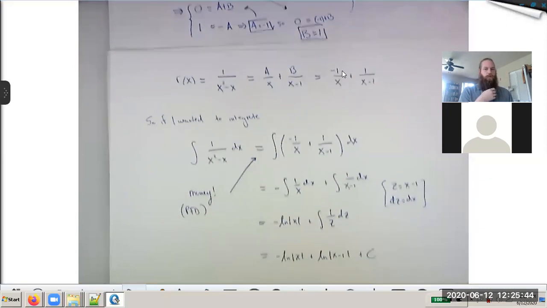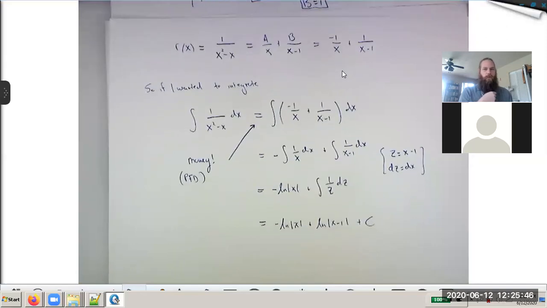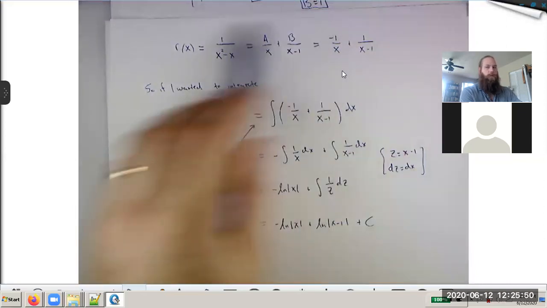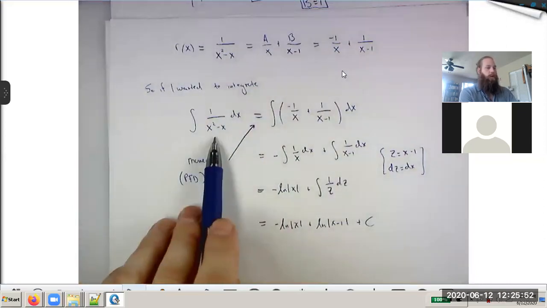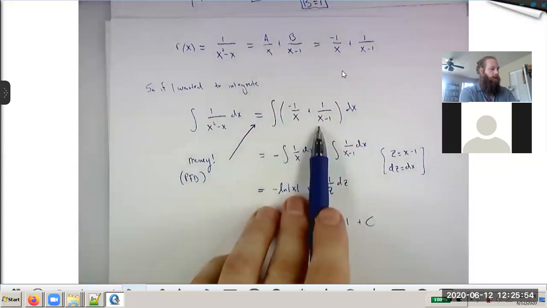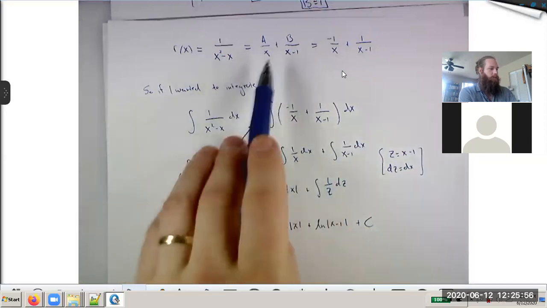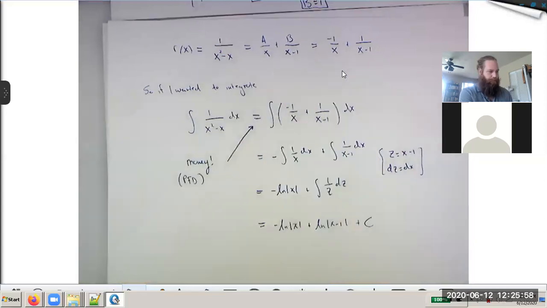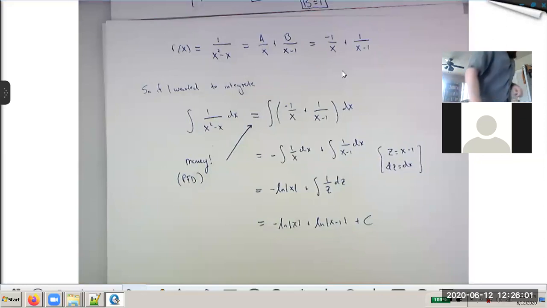Okay, so here was how it shook out. We did some algebra to rewrite our function like this. And that means if I wanted to integrate that function, I could integrate this instead because this function is equal to this function. While you're copying, I'll let my dog back in.